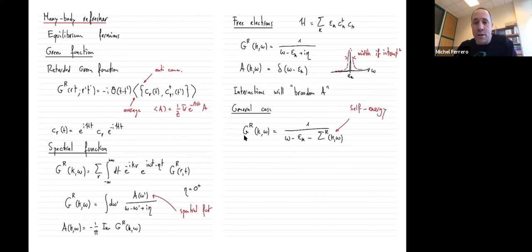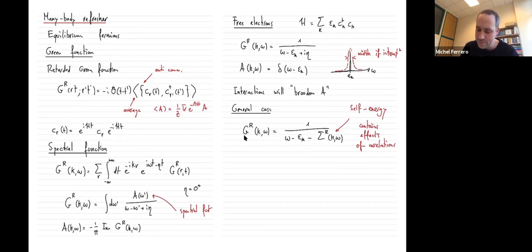So the self-energy is the many-body object that contains all the effects of correlation. So very often that's what we're trying to compute. We're trying to equivalently compute either the Green function or the self-energy that has the information about the effects of correlation. And in a certain sense, the larger the self-energy, the larger the interaction effects, and the broader these features.